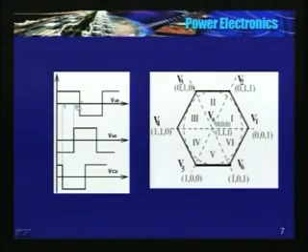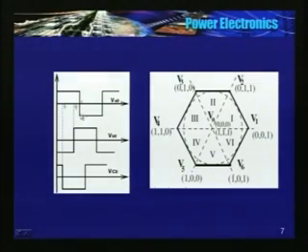What happens from 2 pi by 3 to pi? A is 1, B is 1, C is 0. So, V2 vector. I will just repeat for one more.